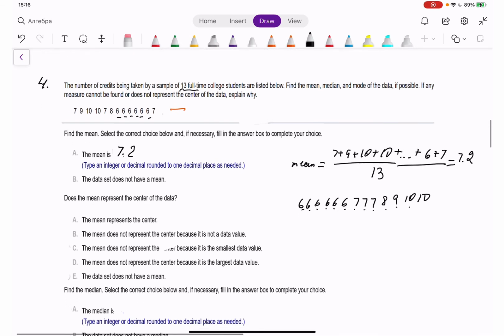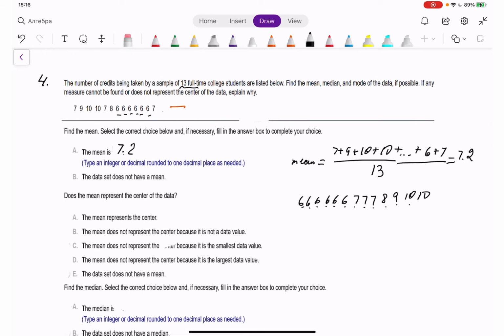If I take 13, then as a median, what is it going to be? 13, so it's going to be the 7th element, right? 1, 2, 3, 4, 5, 6, 7. This is our median.